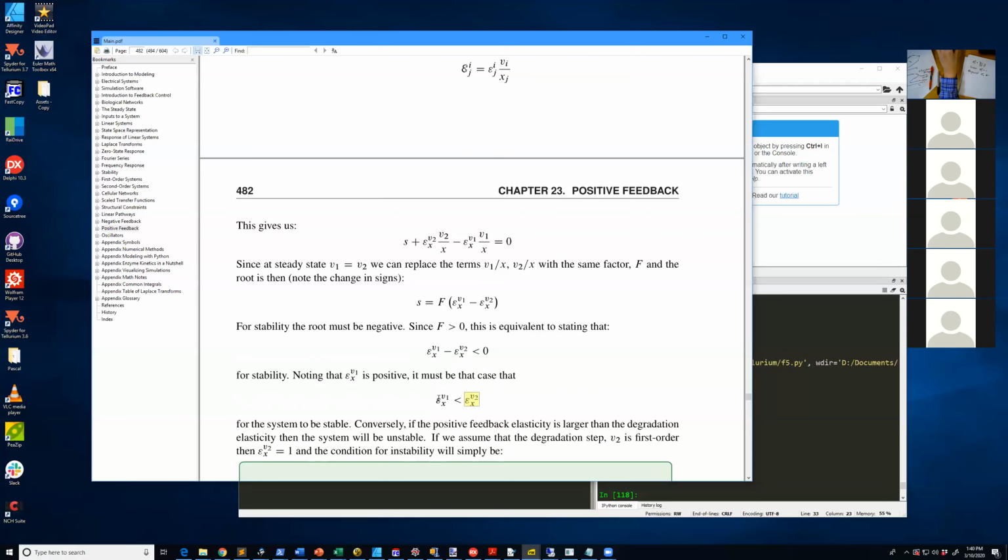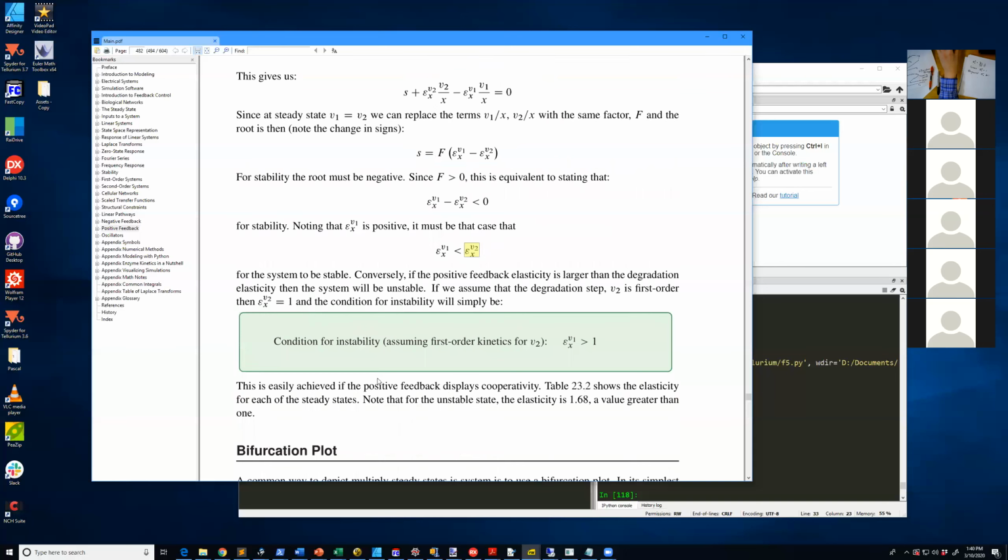So long as this condition is met, you'll have bistability. The final conclusion, then, is that the condition for instability, assuming first order kinetics on V2, is that this one must be greater than 1. And of course, this is easily achieved if the positive feedback displays sigmoidicity or cooperativity.